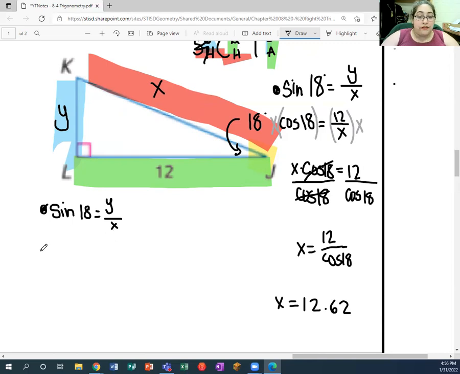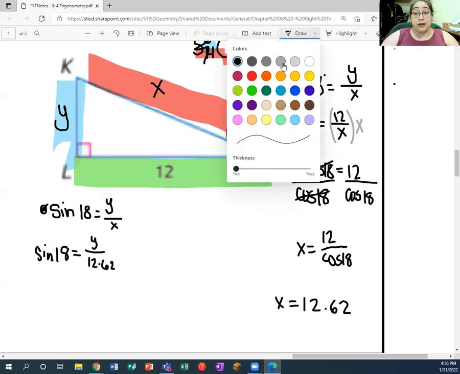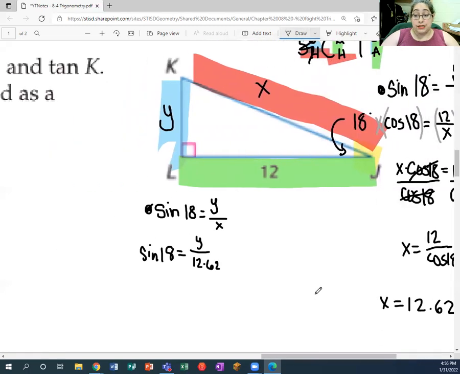All right, I have a value for x now, so I'm going to go ahead and substitute in the value that I have for x. I do not yet have a value for y, so that's staying as a y. My value for x is 12.62. I need to get rid of this divide by 12.62, and I'm going to do that by multiplying both sides by 12.62.